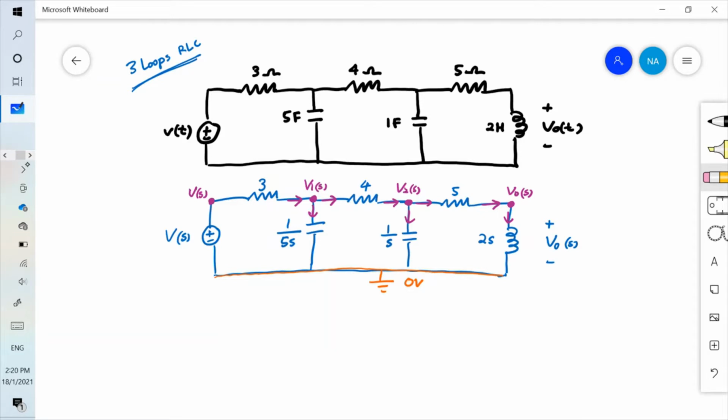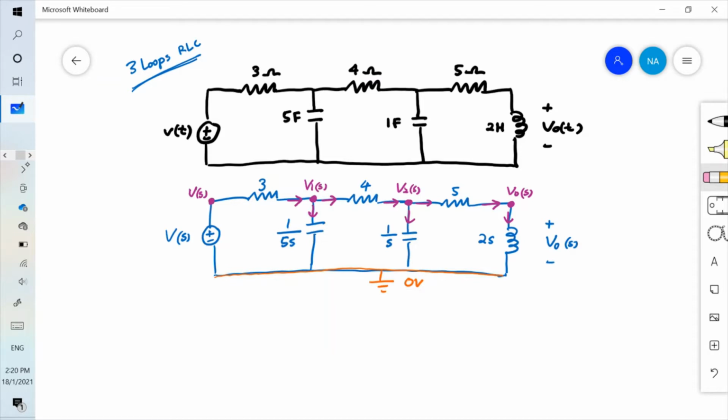Next one, for the component resistors, the impedance is the same value as in the time domain. So it remains as 3, 4 and 5 for the resistors. For the capacitor, in the time domain if it's 5 farad, then in the S domain it will become 1 over 5S.